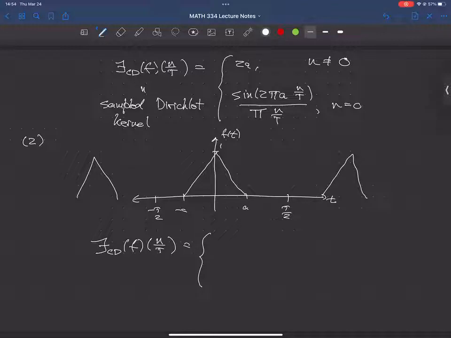In this case, that integral is a. Then when n is non-zero, you have some integration by parts exercise to carry out here. Upon doing so, you get sine pi a n over T squared over pi squared a T over T squared.